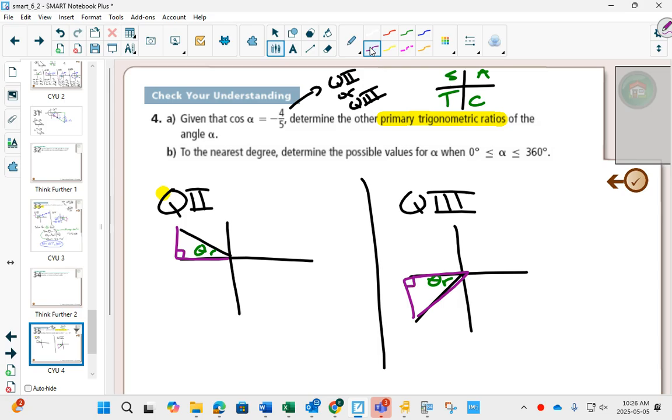What do I know? I know that cos is adjacent over hypotenuse, so I can label this as 4, this as 5. And we can do a squared plus b squared equals c squared, unless, does anybody recognize it? It's a famous triangle. What's the other side? 3.